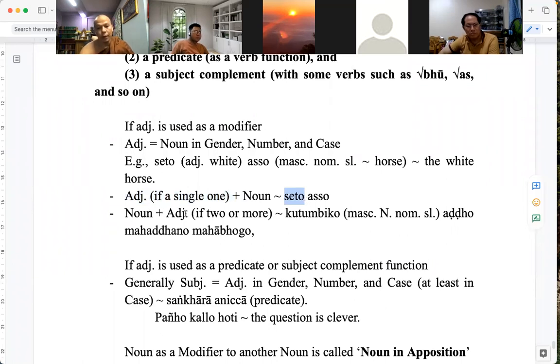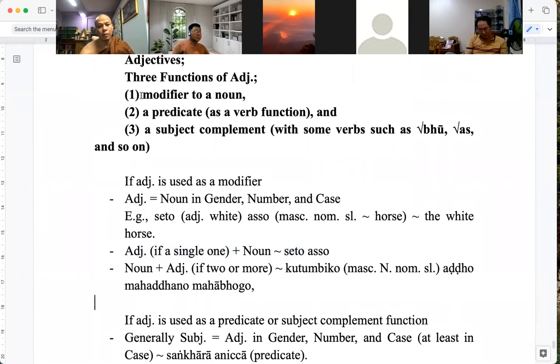But if two or more adjectives are used to modify a noun, most often the noun is first and the adjectives follow, like Mahadano, Mahabogo.